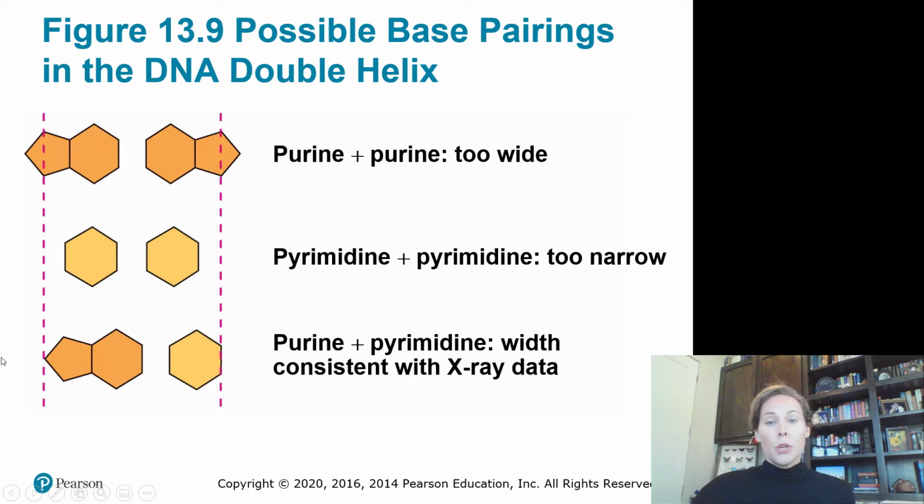The purines are bigger, and if they pair up, it's too wide and doesn't fit into the double helix. If pyrimidines pair up, it's too narrow. What they found was that it fits perfectly if purines and pyrimidines match up with one another. That fits within the backbone perfectly.